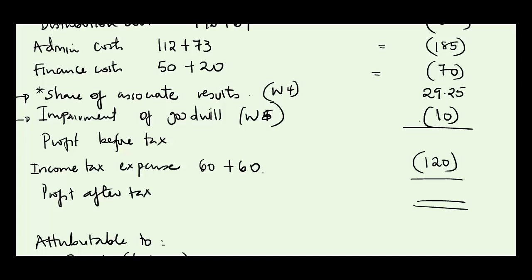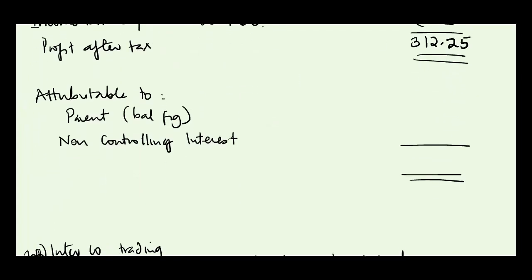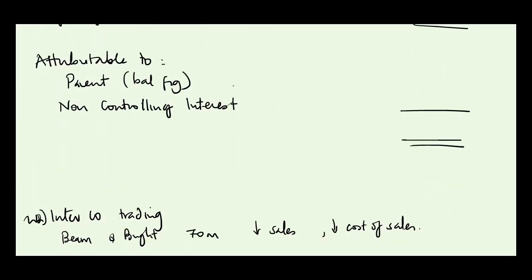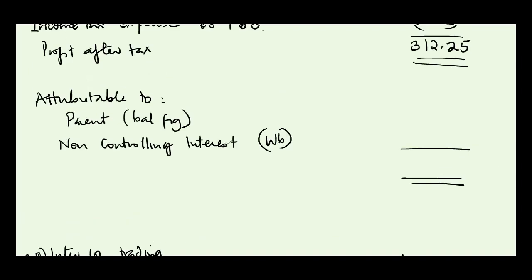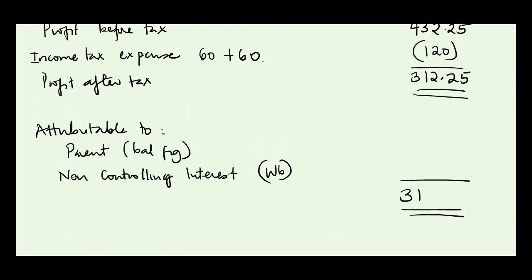And with that, we are able to get our PBT, which when I work out, I'm getting 432.25. Less tax, I get 312.25. So now the second part is for us to determine the split between the parent and the NCI. And the way forward is we first work out the NCI balance, and then the balancing figure becomes the parent, because the totals should at the end of the day be 312.25.